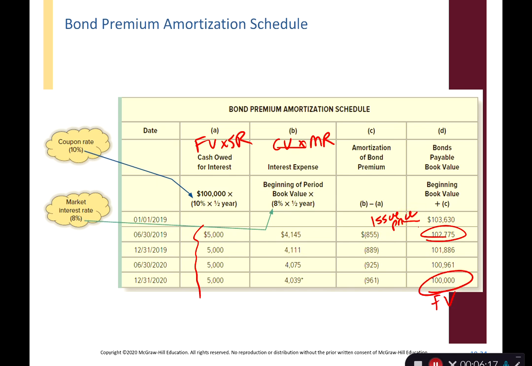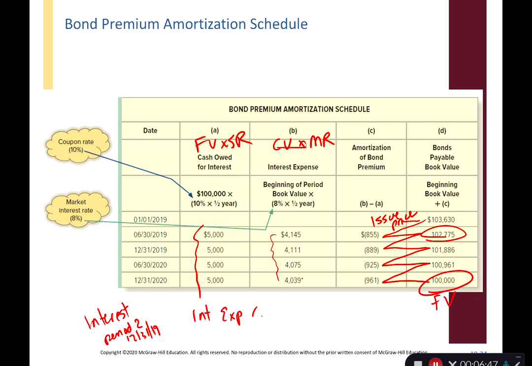So each period, the carrying value is getting smaller and smaller by the amount of that amortization until we finally arrive at face value. And because the carrying value is getting smaller, the interest is getting smaller each period as well. Though it's not shown, the interest for period 2, which would be December 31, would be debit interest expense for Cat's Meow.